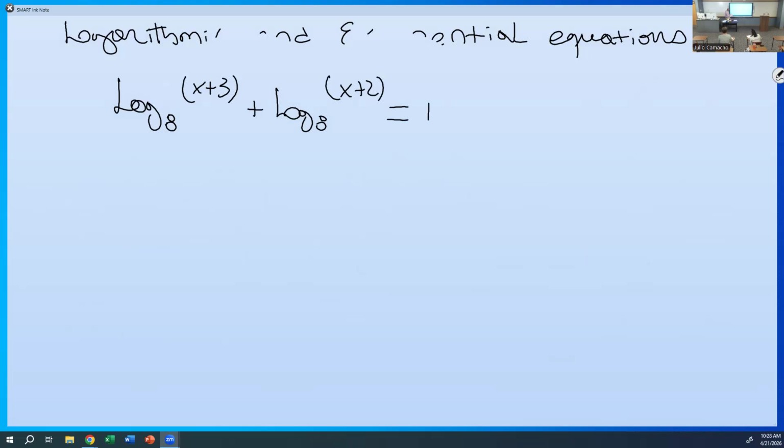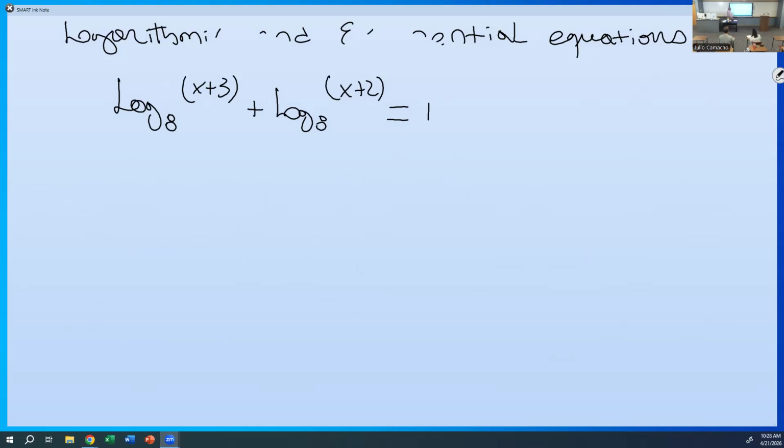So what will be your first step, Terry? You would take the base 8 and set it to 1. Or wait, what will be your first step? You would do log base 8 of x plus 3 times x plus 2.